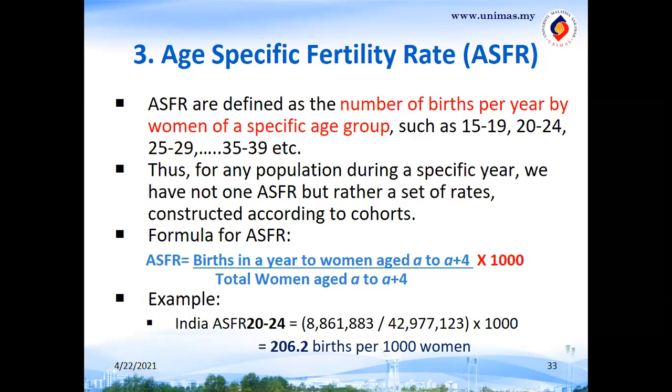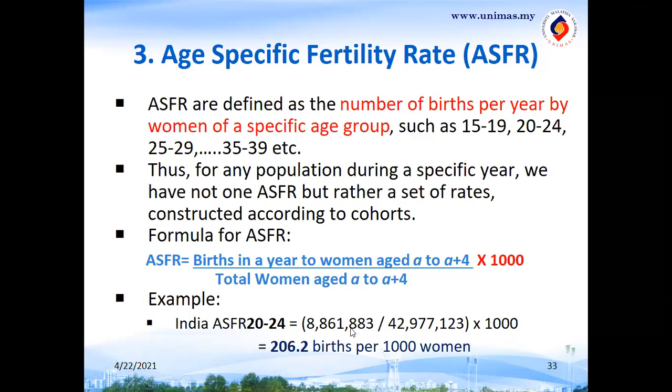In other words, it's very high. This is based on the number of births from this group of women at this particular age, and also the number of women in this particular age group. India has a lot of people, so you have millions. Multiplied by 1000, you get 206.2 births per 1,000 women.